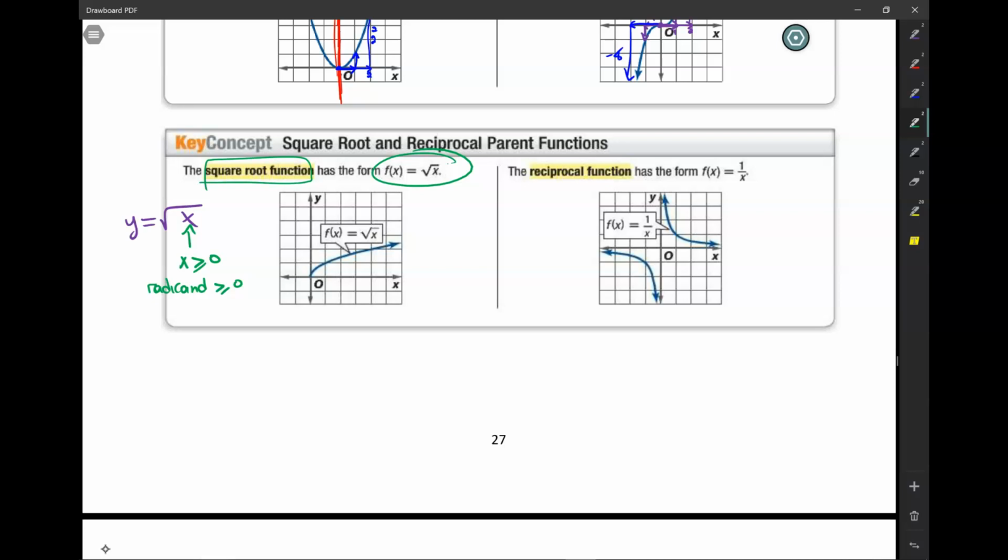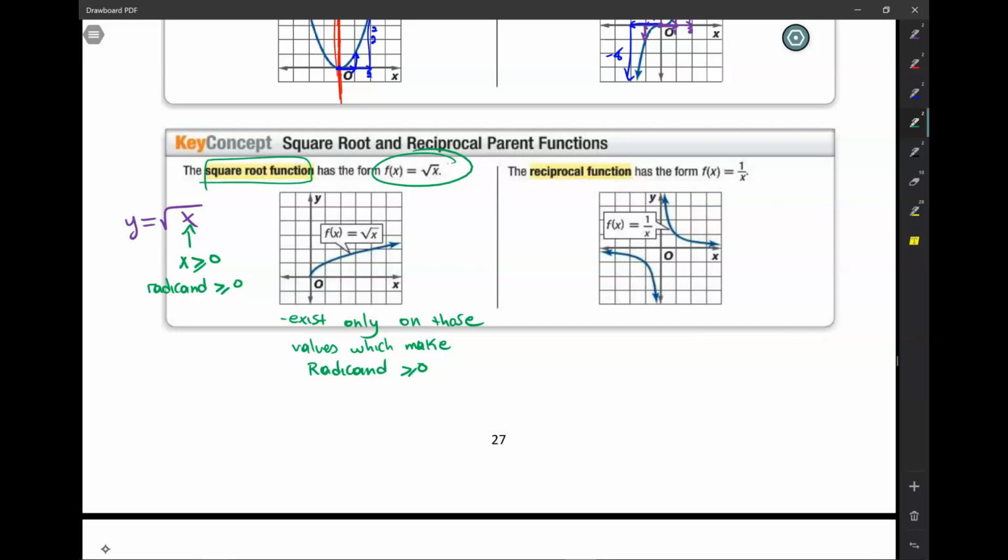Okay? So this function can exist only on those values which make the radicand greater than or equal to 0.